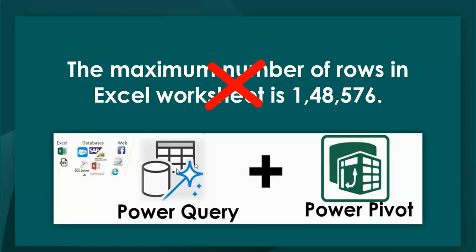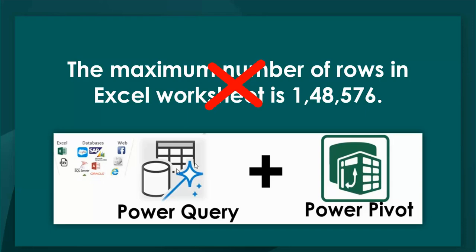So let's get started. As we know, the maximum number of rows in one Excel worksheet is approximately 1 million, right? But if you have large data sets, you can also connect to an ERP application. And once you get the data from multiple large files appended in the query, you will use Power Pivot.